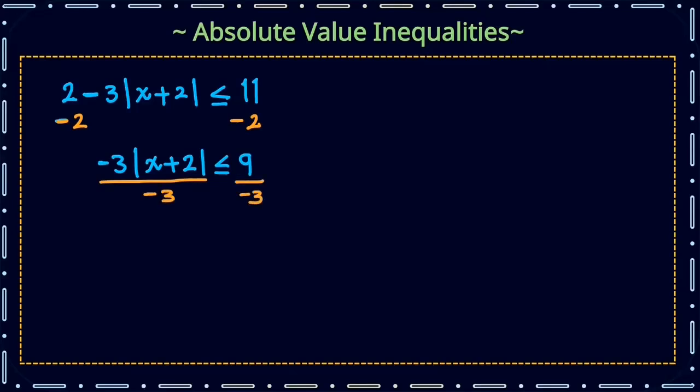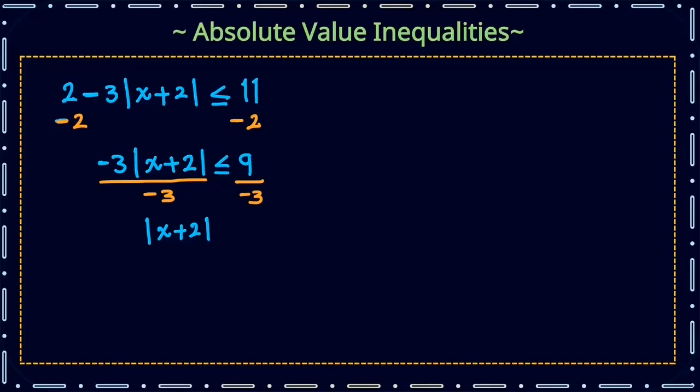And that's going to give us absolute value of x plus 2. One of the rules of inequalities is that whenever you're dividing or multiplying both sides by a negative value, the direction of the inequality is going to switch.